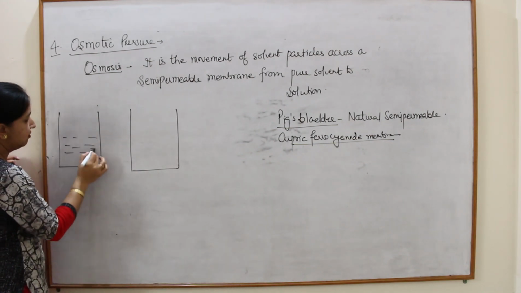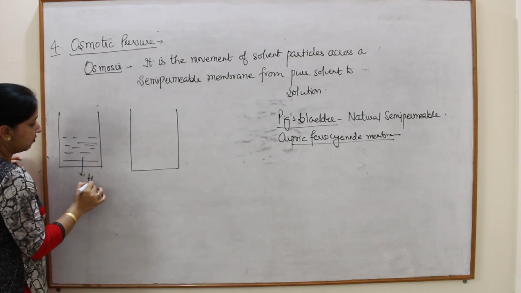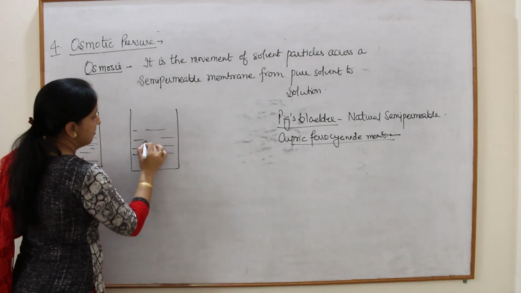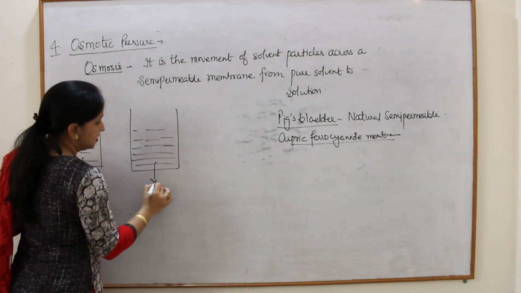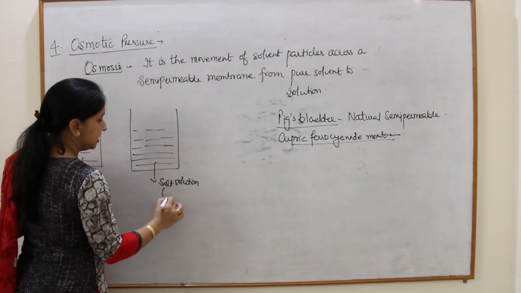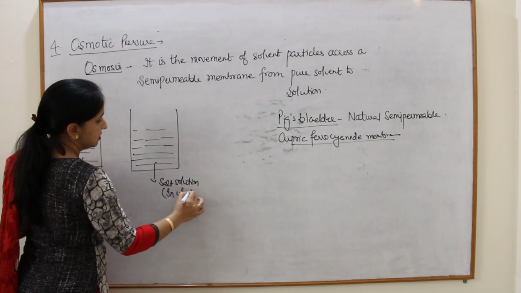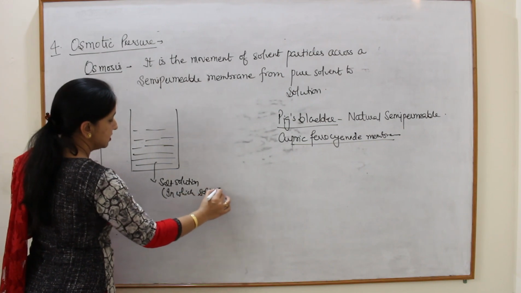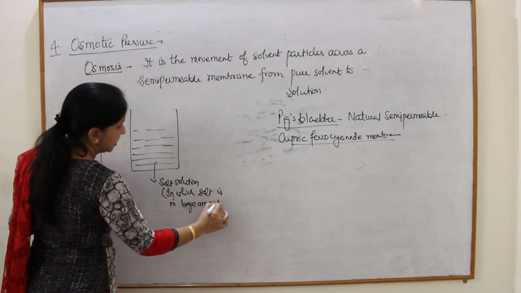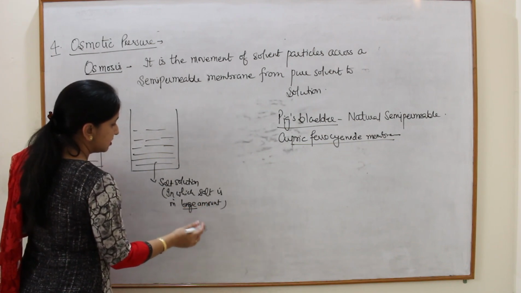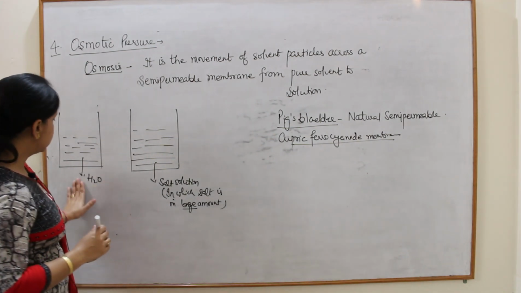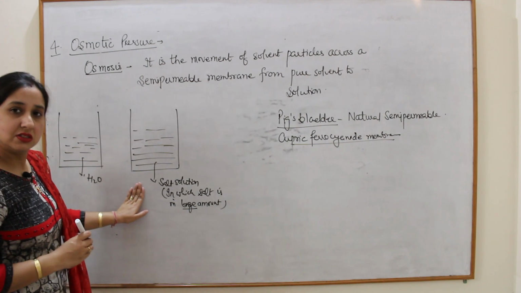In one vessel we have taken pure water, and in the second vessel we have taken salt solution, in which salt is in large amount. Large amount means some excess amount, not more than water. Okay? So this is your pure water, this is your salt solution.